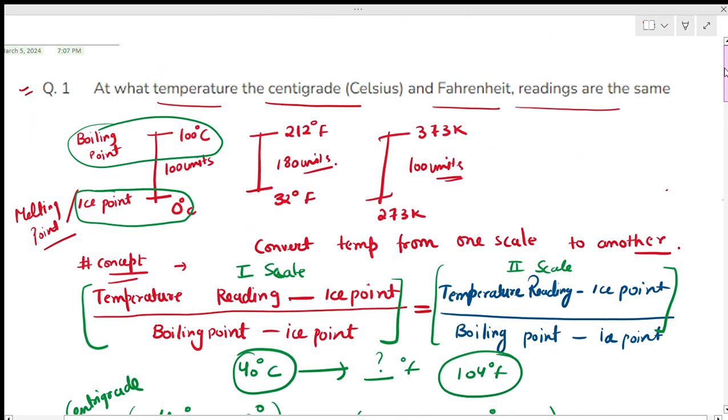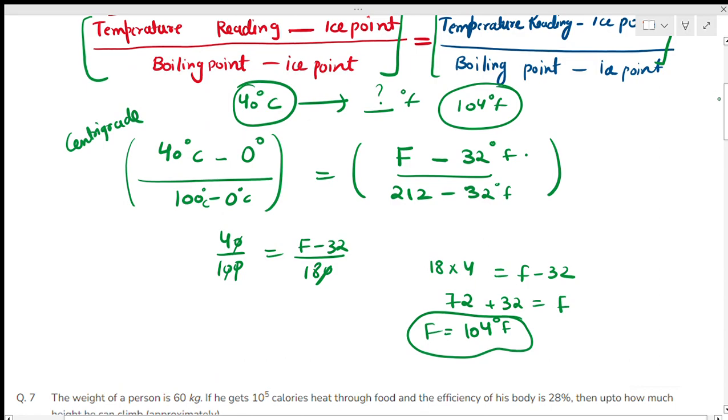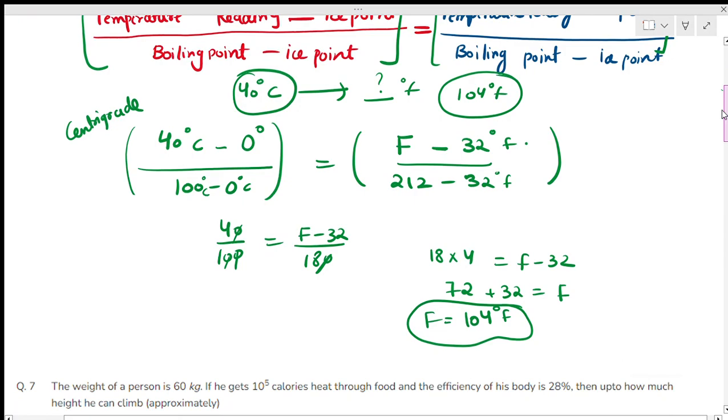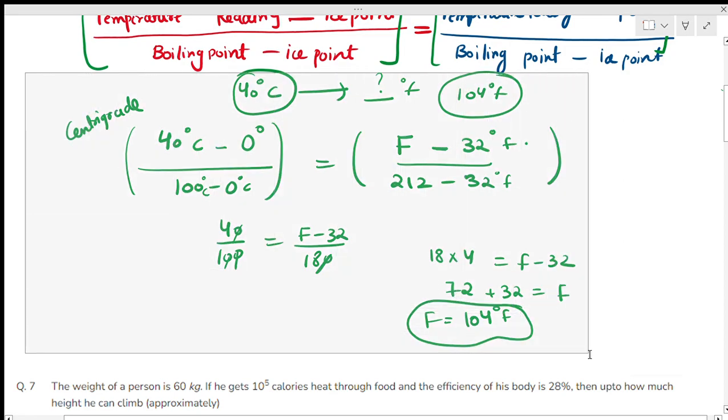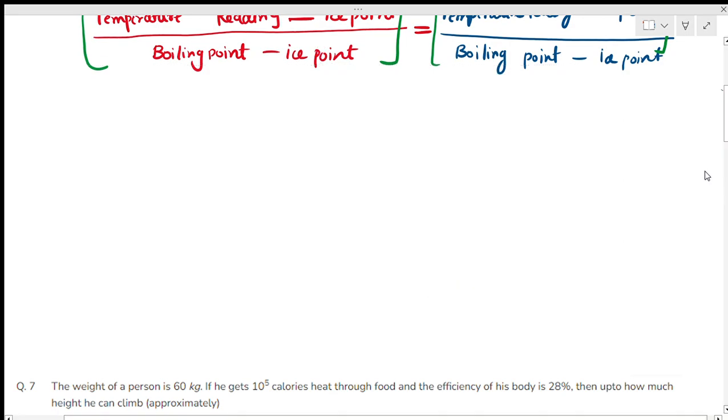So now come to the question. What is asked in the question? You got the point. At what temperature are the centigrade and the Fahrenheit readings the same? At which temperature are both readings the same? We have to calculate this. So here no space is left, so I will erase this much part. So now, at what temperature?